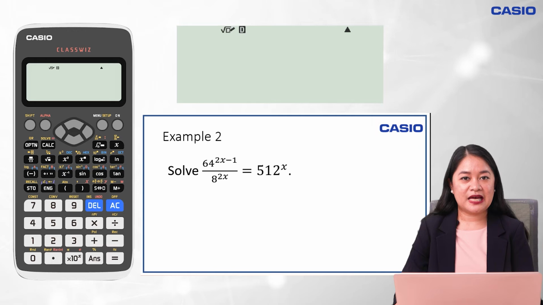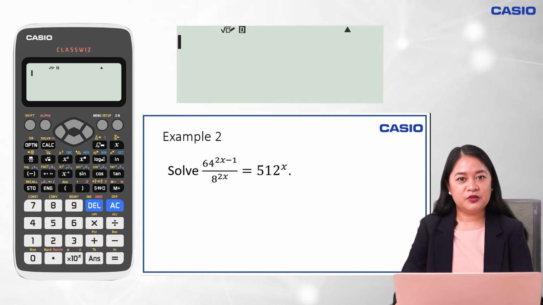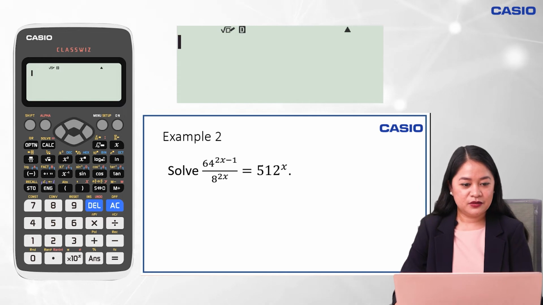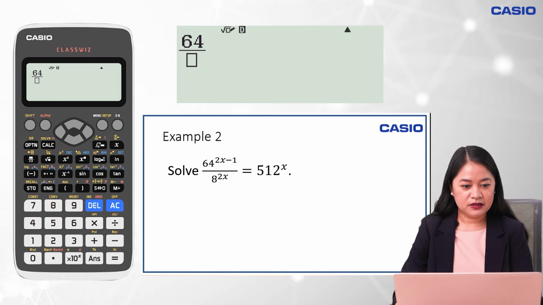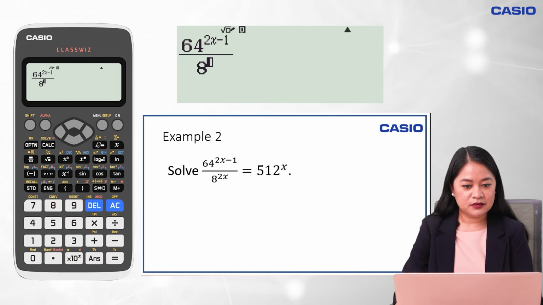Let's try another example. Input the given exponential equation by pressing the following buttons: fraction key, input 64, exponent key, 2x minus 1, press right arrow key twice, 8, exponent, 2x.